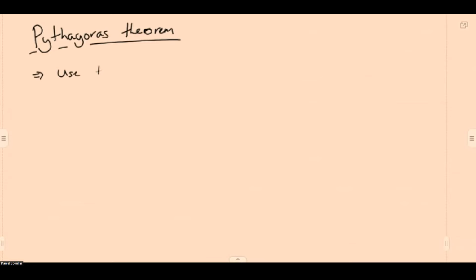we use Pythagoras to find missing sides or prove something is a right angle.